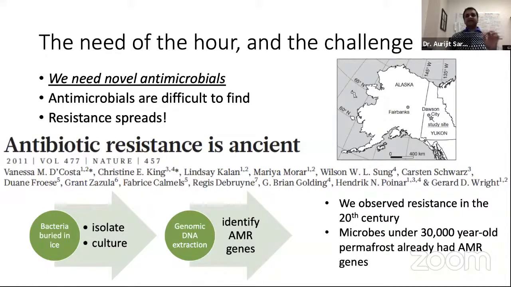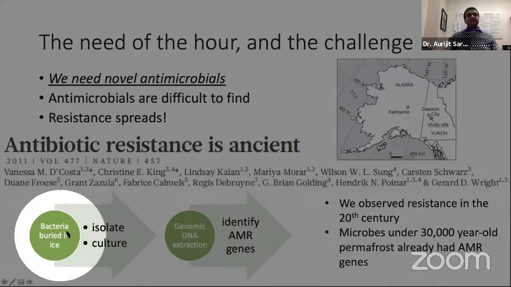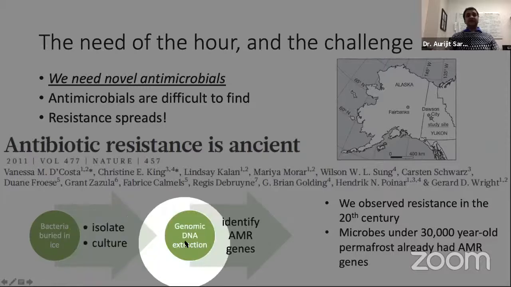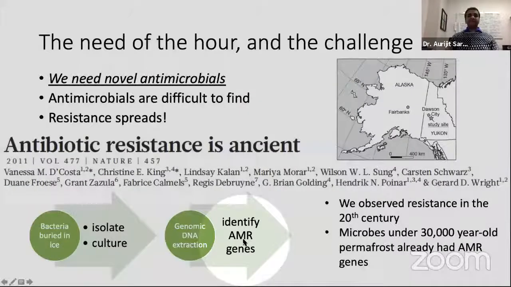Nobody had touched that area for 30,000 years. So they took the bacteria from those reserves, isolated it, cultured it, extracted genomic DNA from those pathogens, and they tried to identify what resistance-related genes are present.